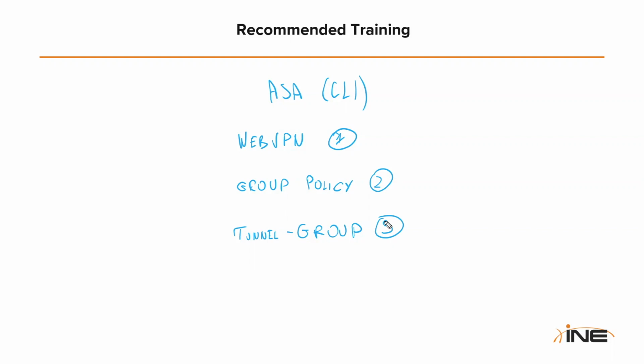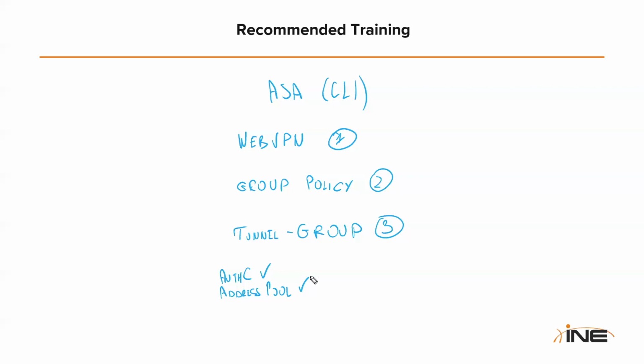But some other options that you will still have to take into account are authentication related settings and the address pool. AnyConnect, this type of VPN setup, requires IP addresses to be assigned to the connecting clients.